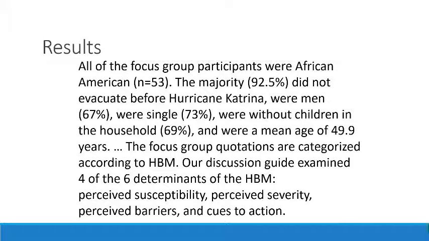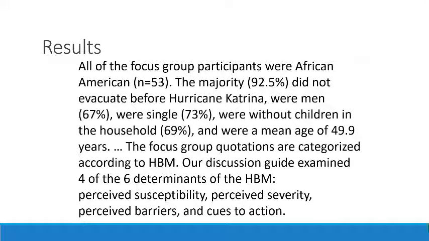In presenting the results, the first results noted here describe the participants, just like you would in any quantitative study. It mentions that there were 53 African Americans who took part in the focus group. 67% were male, 73% were single, and the mean age of the participants was almost 50 years of age.